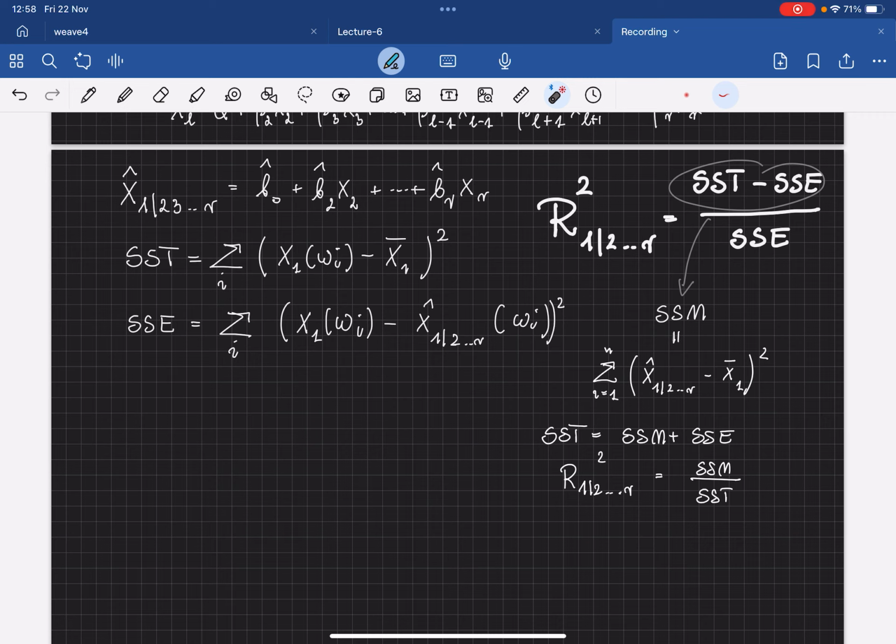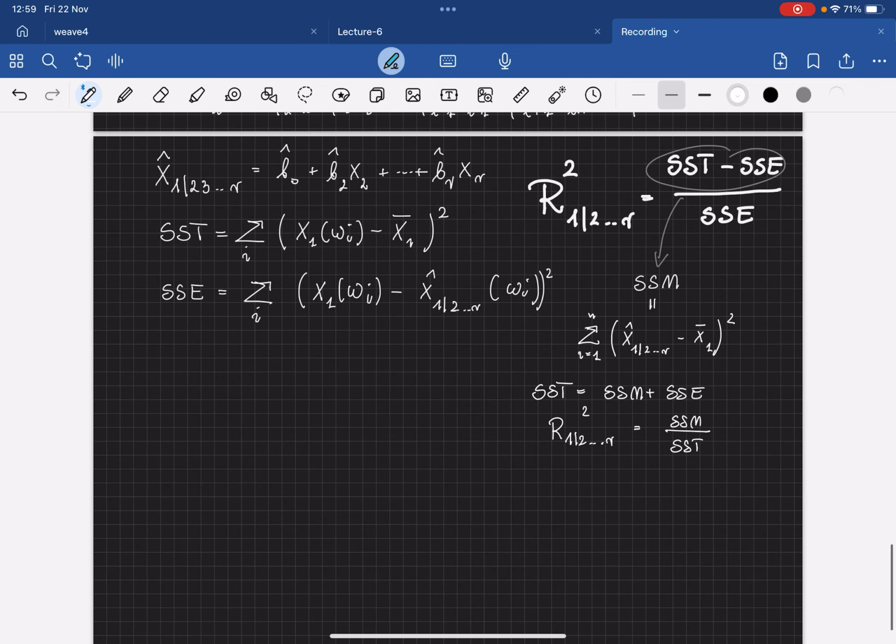This we can check constructing the usual Fisher-Snedecor variable F. So for statistical significance, we write down F, which is as usual SSM divided by SSE, up to the numbers of degrees of freedom: SSM divided by the number of degrees of freedom of the model, and SSE divided by the number of degrees of freedom of the error.